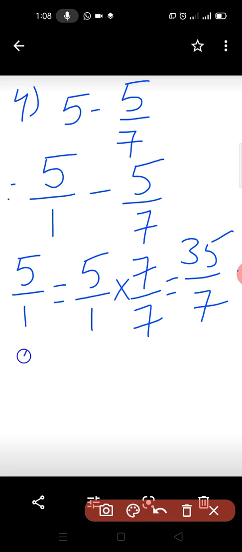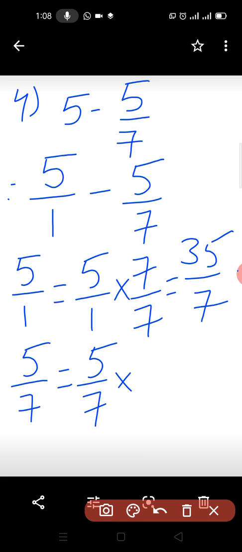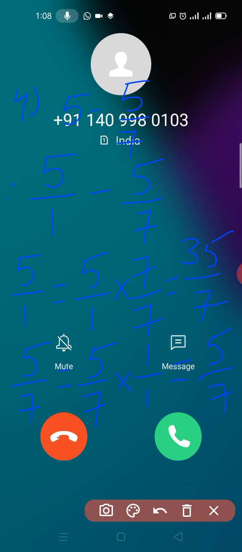Next 5 by 7. Here we already have 7 in the denominator, so simply you can multiply by 1. 5 ones are 5 and 7 ones are 7. Now both the denominators are the same.